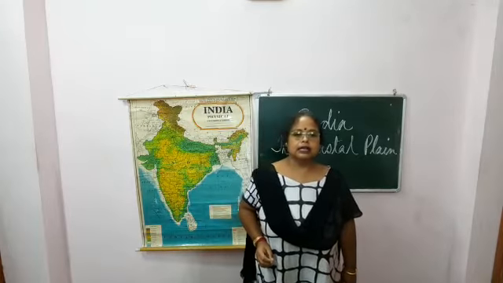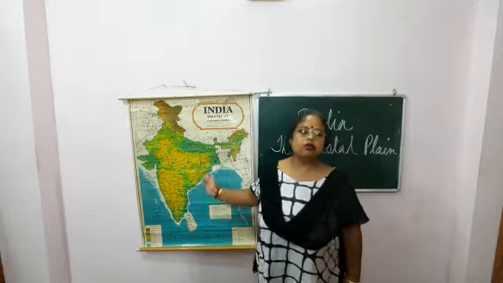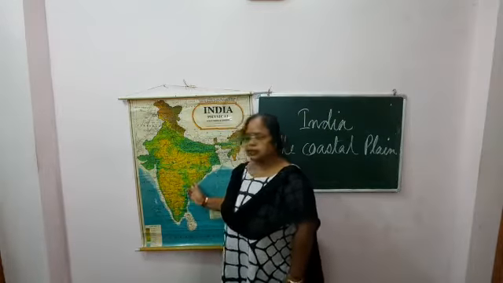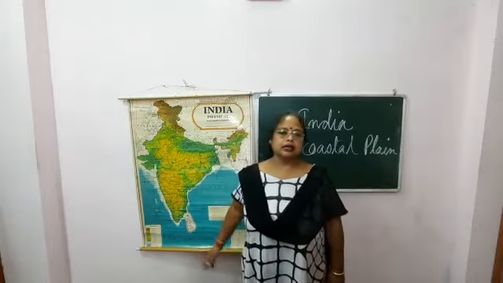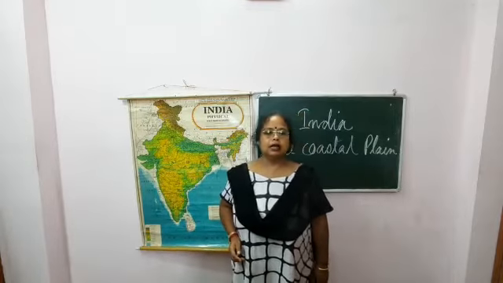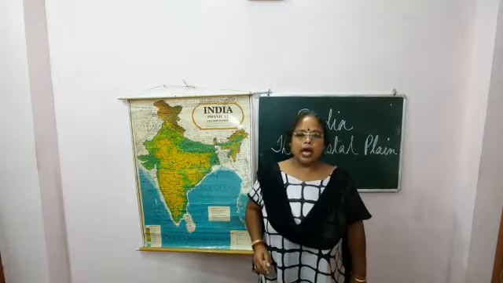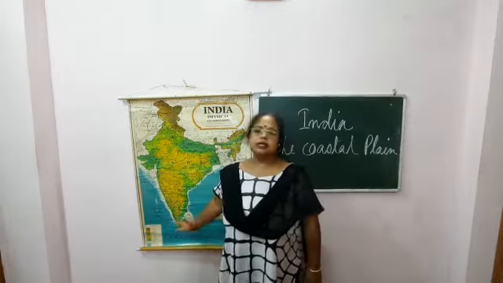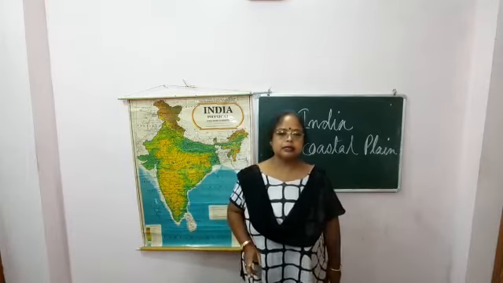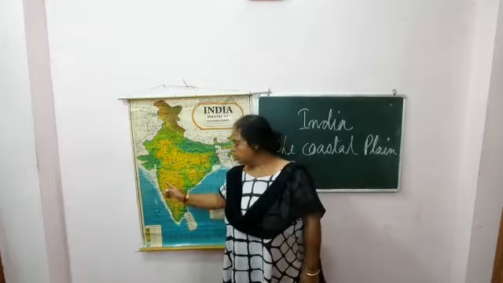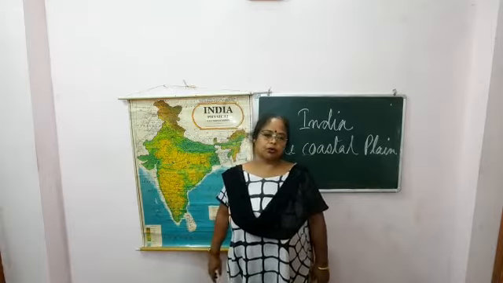Number 4, the eastern coastal plain is divided into two parts, the Northern Circars and the southern part, Coromandel. The western coastal plain is divided into three parts: the Kathiawar coast, the Konkan coast and the Malabar coast.